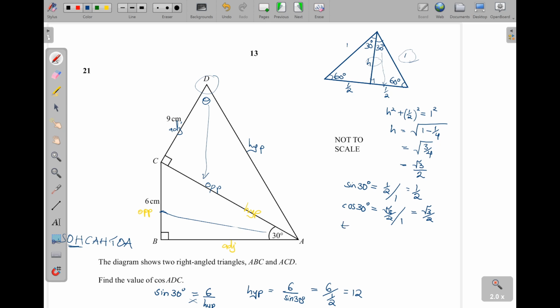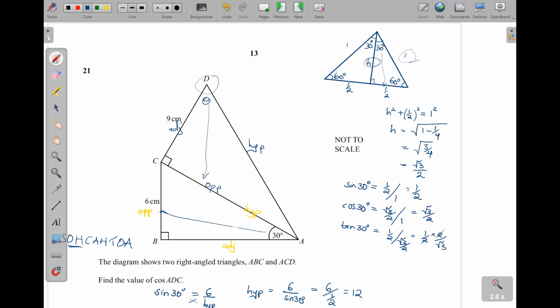And then what is tan of 30 degrees? Tan of 30 degrees is the opposite, which is a half, over adjacent. The adjacent is this h here, which is root 3 over 2. So this one can be like a half times the reciprocal of the denominator, so 2 over root 3.